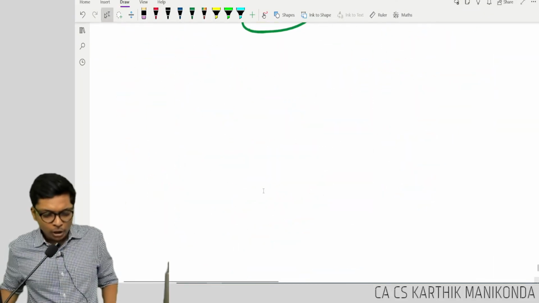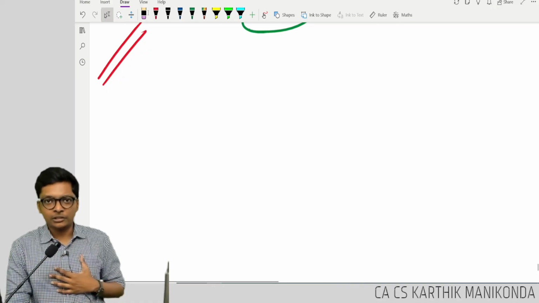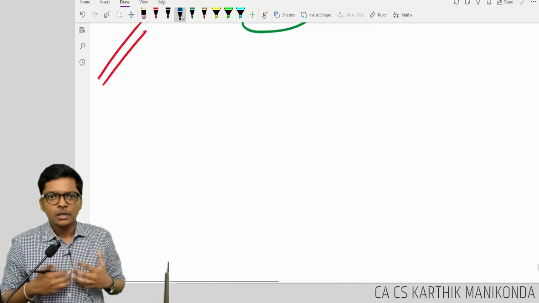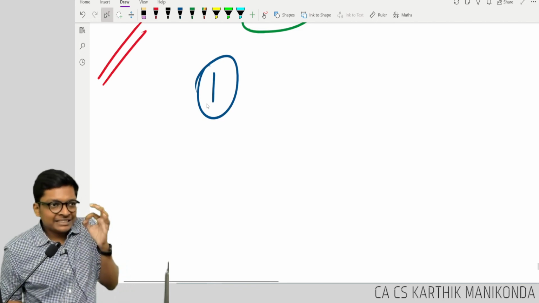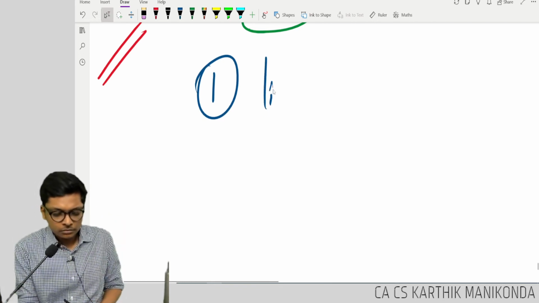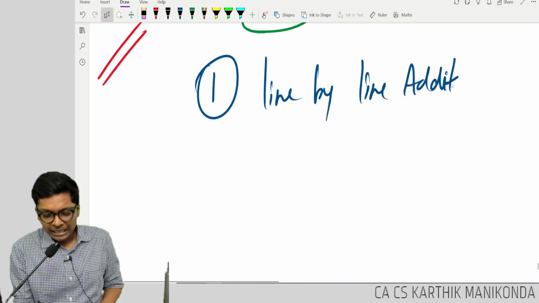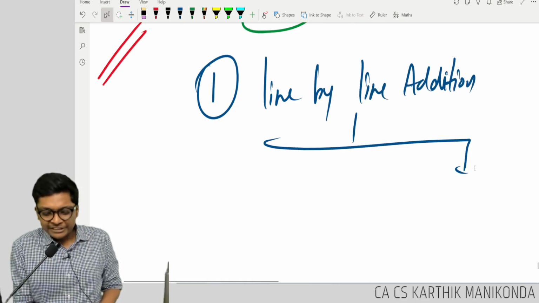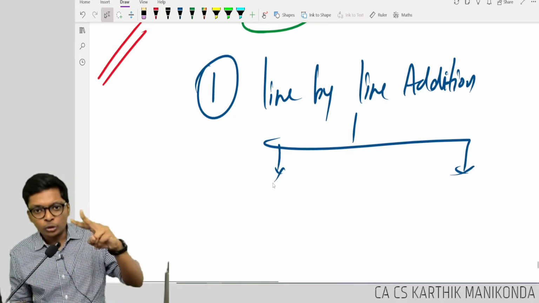So today, what we have learnt in consolidation is very simple. Consolidation is nothing but line by line addition subject to setting off and computation of two things.